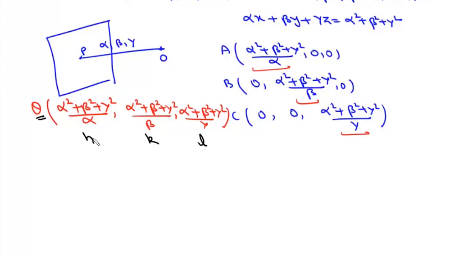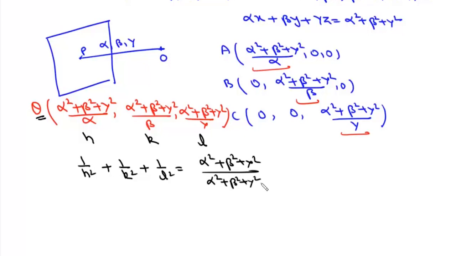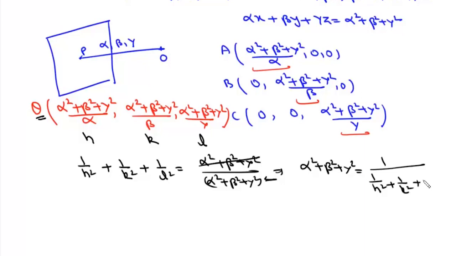Now if we take the reciprocals, square and add them, then we can write 1 upon h square plus 1 upon k square plus 1 upon l square will be alpha square plus beta square plus gamma square upon (alpha square plus beta square plus gamma square) whole square. Now I'll cancel. So from here we can write alpha square plus beta square plus gamma square will be equal to 1 upon h square plus 1 upon k square plus 1 upon l square, and say this value is r, so we can write this as 1 upon r square.